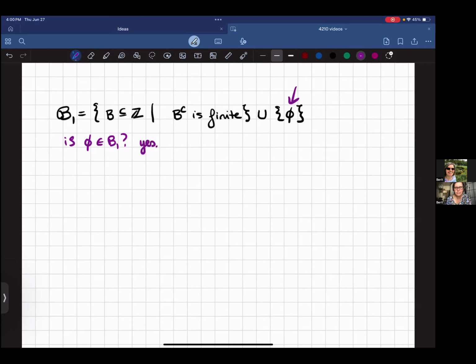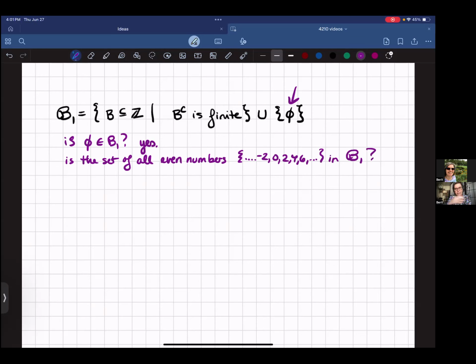All right. What about the set of all even numbers, which I could write this way: negative 2, 0, 2, 4, 6, and so on. Is it in cursive B1?